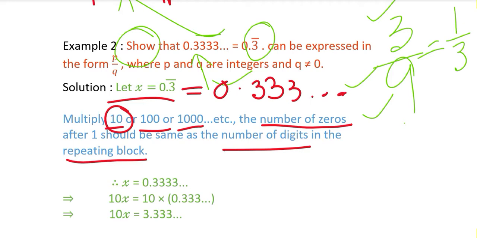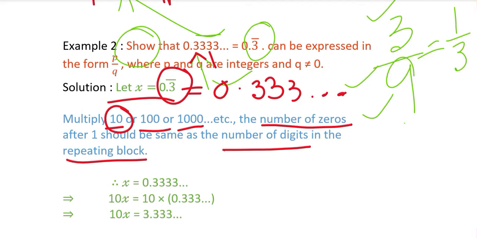What is the repeating block here? 0.3 bar, and the repeating block is 3. 3 is getting repeated here, right? So since only 1 digit is getting repeated, we multiply by 10.